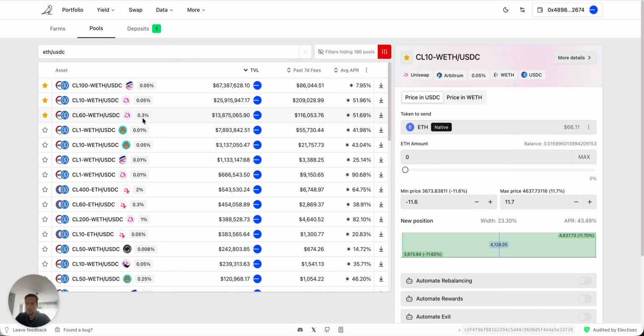In this case, 0.05 is doing more fees over the last 7 days than the higher fee, meaning that there is not much demand for very high amounts of money to be transacted, which also means less fees.